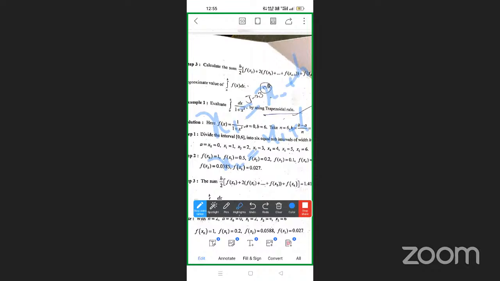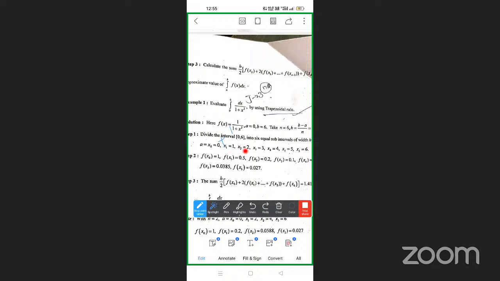These are the formulas for x1, x2, x3. So x1 is x0 plus h, with h equal to 1, so x1 is 1.